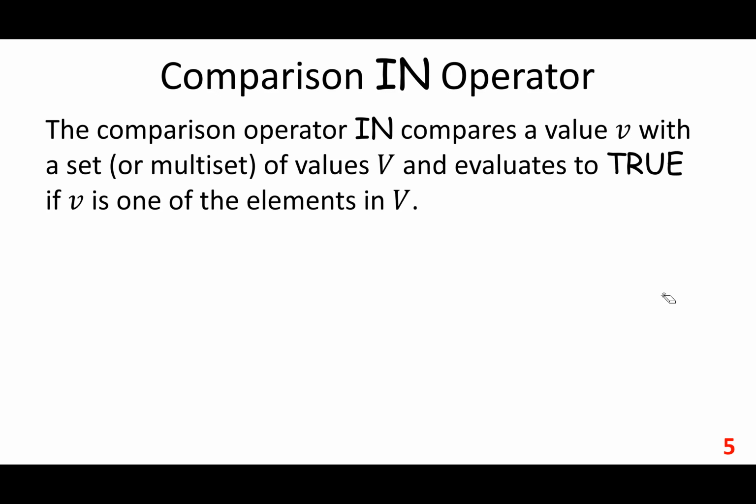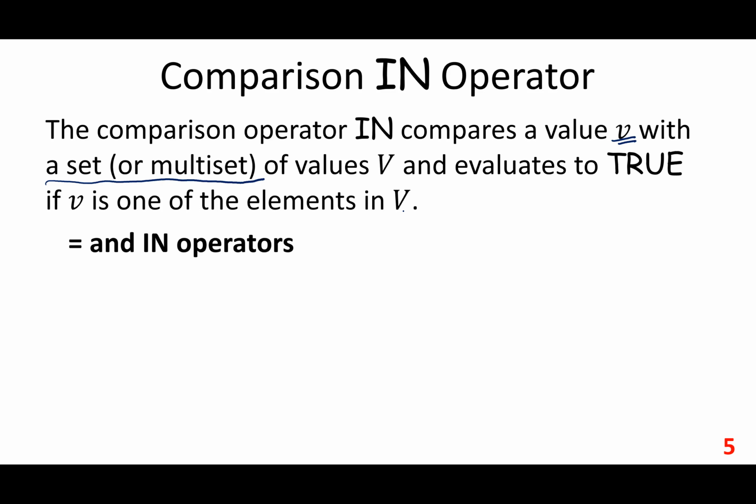The comparison operator in compares a value v with a set or multi-set value, capital V, and evaluates to true if v is one of the elements in capital V. When little v is in capital V, that whole statement is true, so that row should be selected. That's simple.